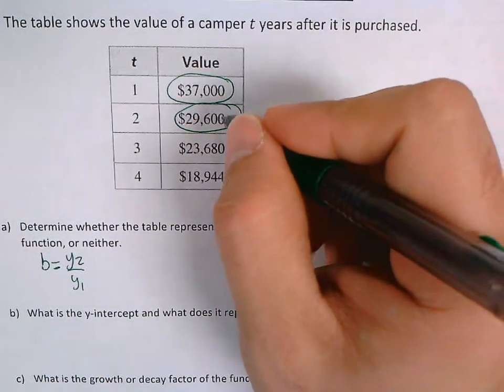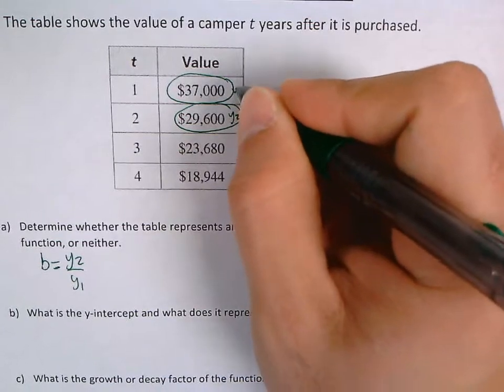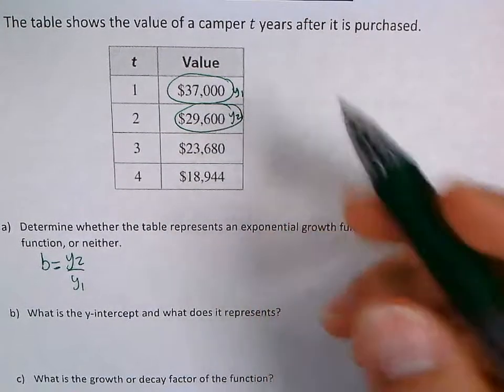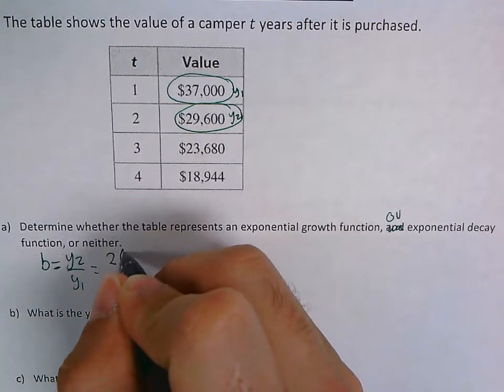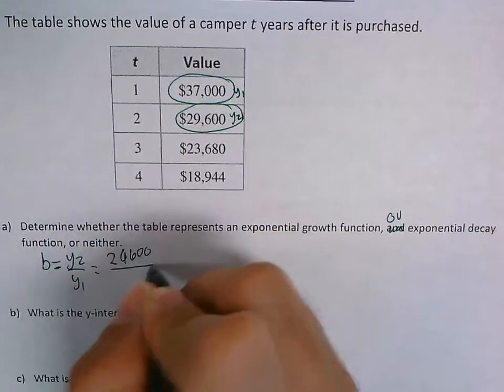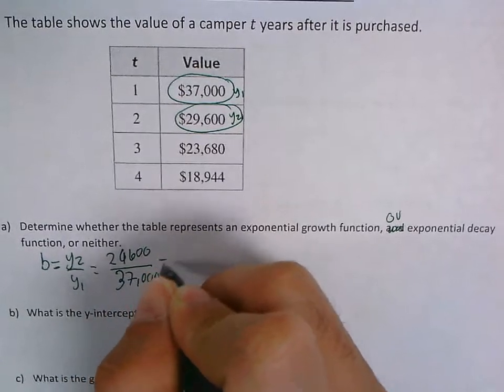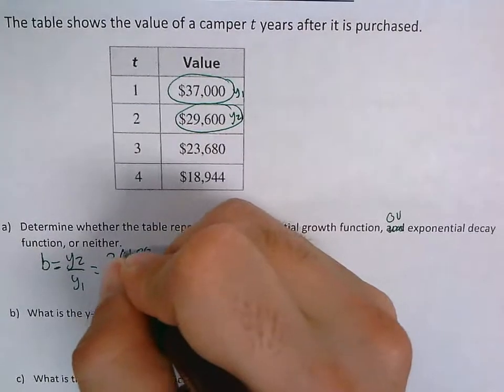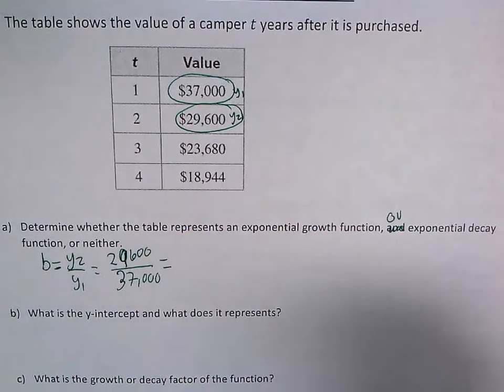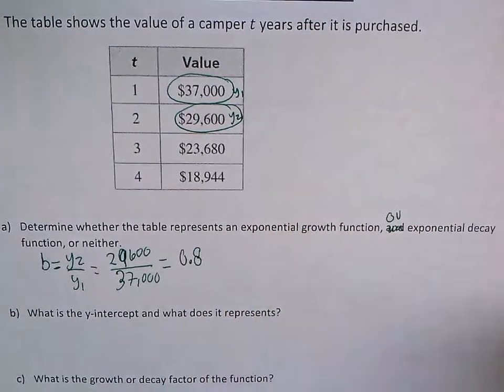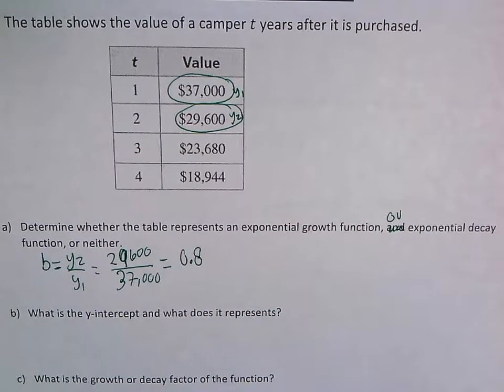In this case, this is y2, this is y1. 29,600 divided by 37,000. If you put that in the calculator, that will give you 0.8.